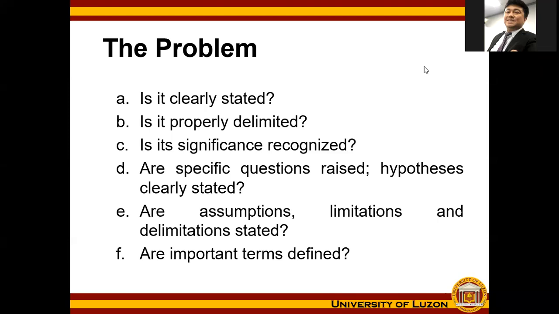And then we have, is its significance recognized? So you have part of the significance of the study, the benefits that will be derived by certain sectors. Okay, and note that for the significance of the study, it should be with reference to the benefits that the study itself will yield on certain sectors or groups.